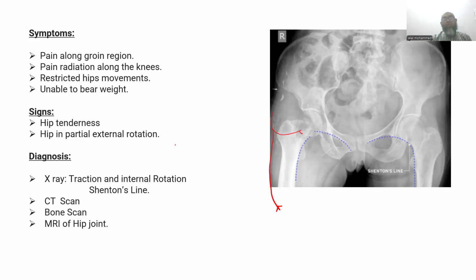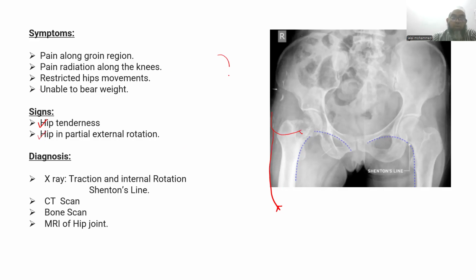So sometimes the patient only complains of pain in the knee joint. So we need to always look for hip movements and hip tenderness when there are such complaints. Then the patient won't be able to bear weight. These are a few clinical presentations along with the routine trauma injury. So we need to look for hip tenderness, and the hip is in partial external rotation.